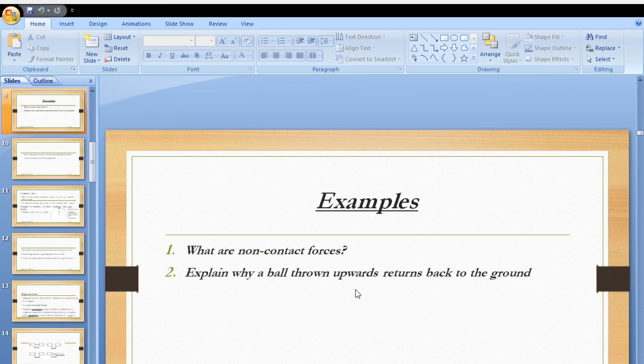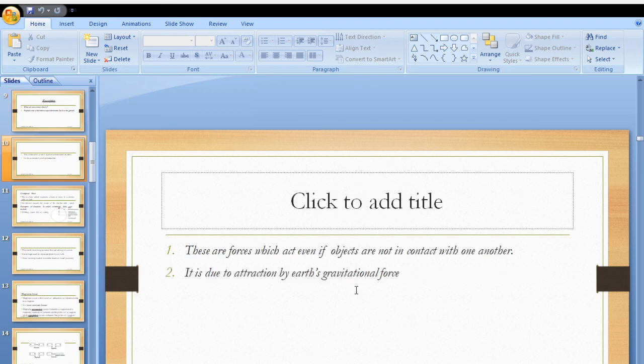So what are non-contact forces? I will give you the answer in the next slide. Explain why a ball thrown upward returns back to the ground. So the reason is here.